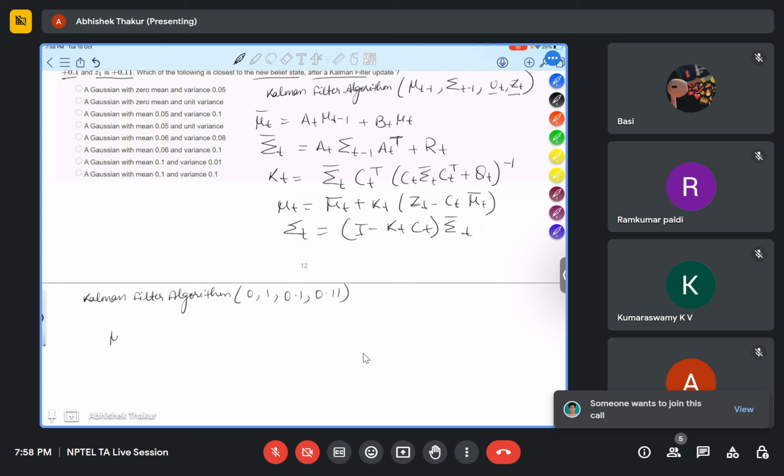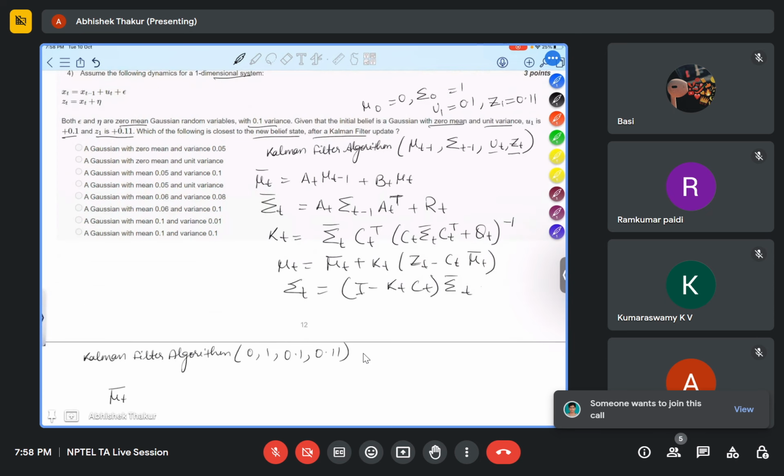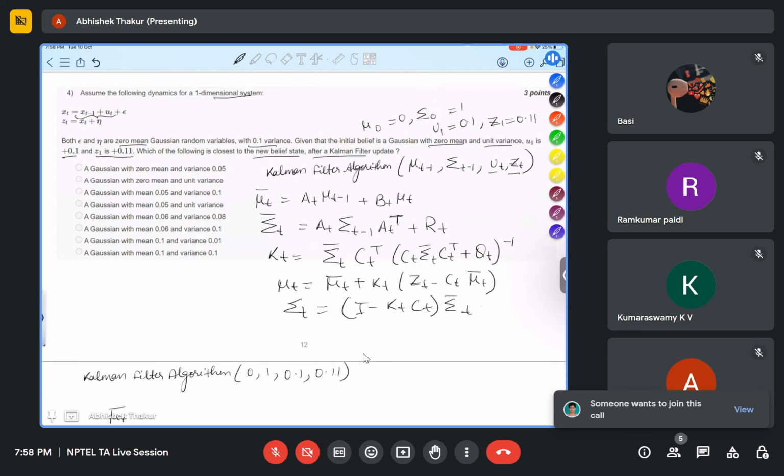So A_t is 1 from this equation, because you see the coefficient of x_t minus 1, A, is equal to 1 here, B is also equal to 1, and C is equal to 1 here and, sorry, D is also equal to 1 here.